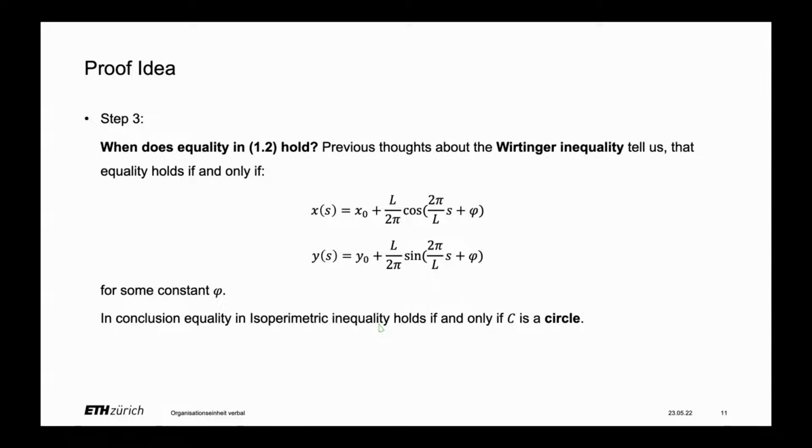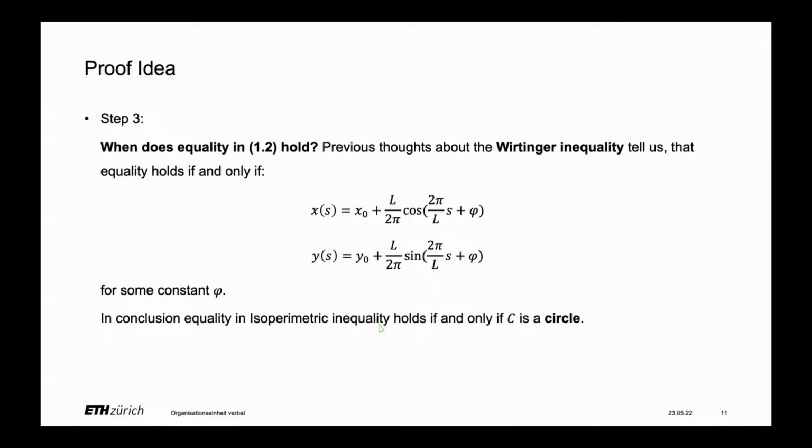These are exactly the two terms which we can conclude from our Wirtinger inequality. I've left out some calculation steps, but the most important thing is the conclusion: equality in the isoperimetric inequality holds if and only if C is a circle.